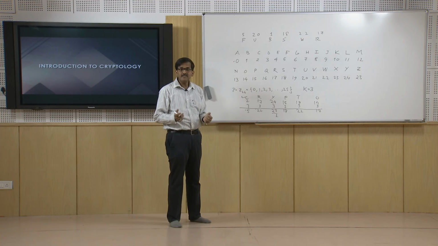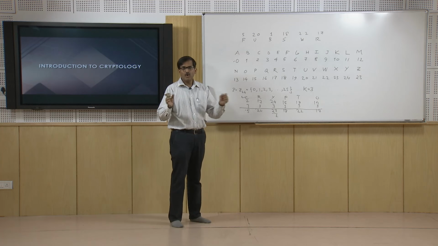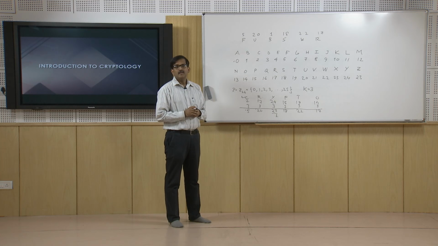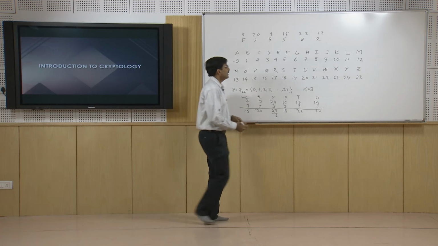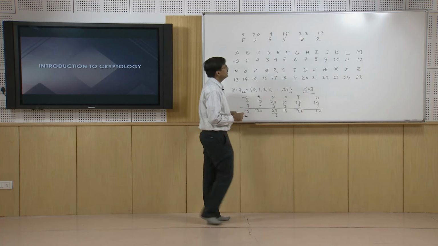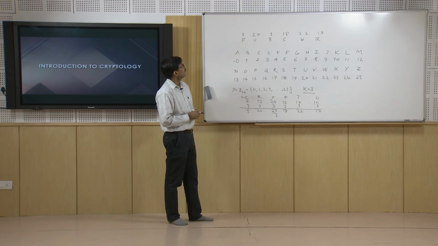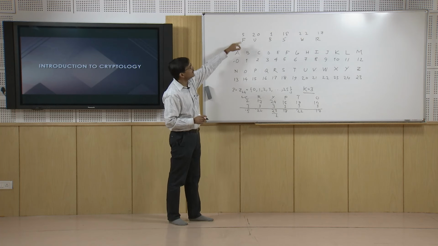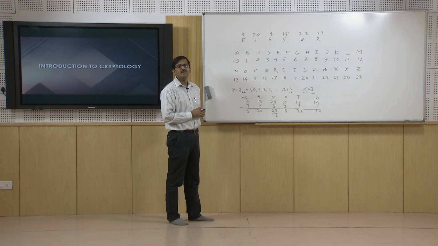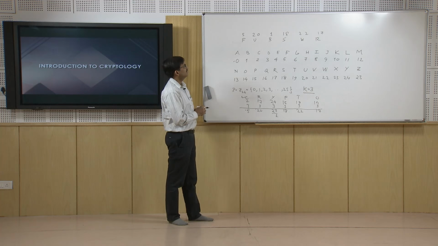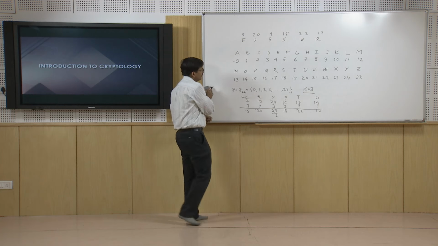Now, when Bob receives this word, he is supposed to know the shift. Here the shift is 3, therefore, Bob will again use these numbers and subtract 3 from each of these numbers. So, let us see what Bob will do.